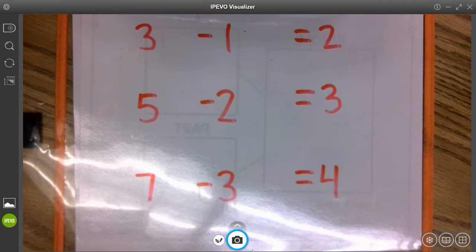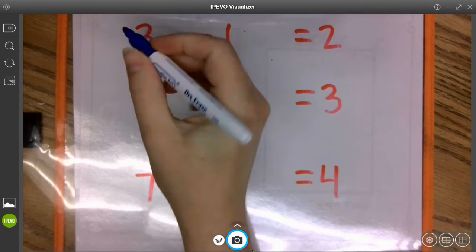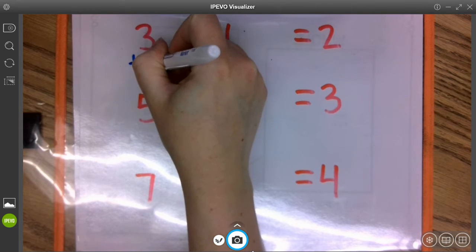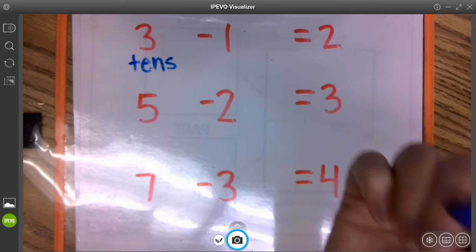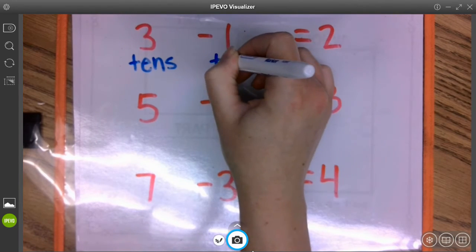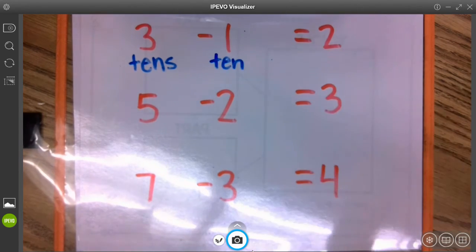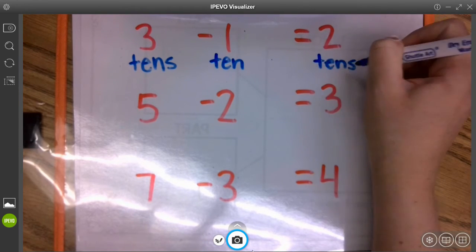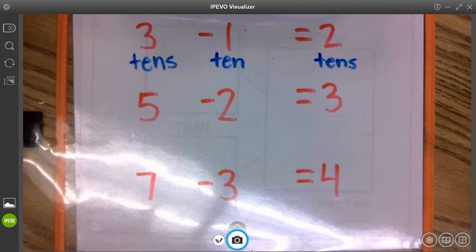Well, just like we did with addition, we can put in place of those ones, we can start talking about tens instead. So if I have 3 tens and I take away 1 ten, I will be left with 2 tens.